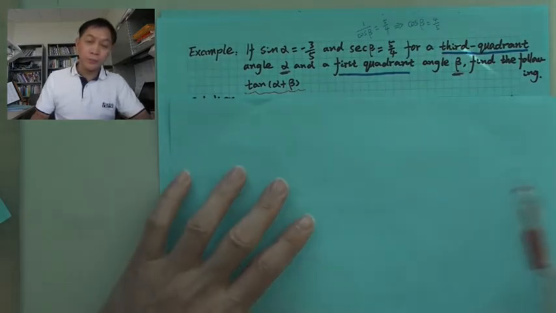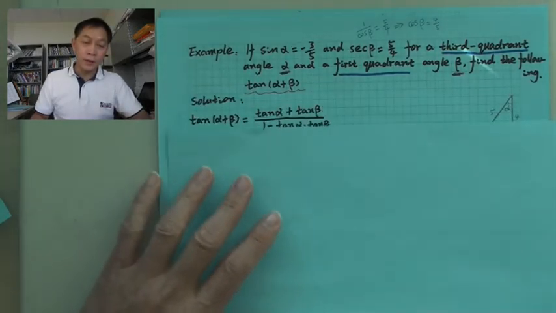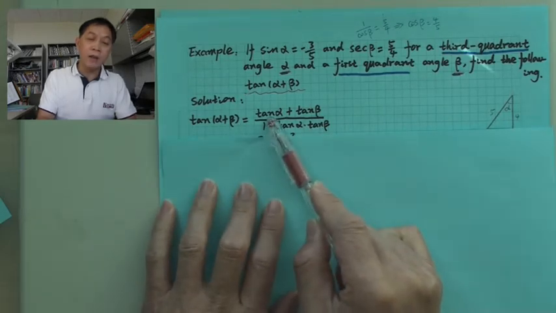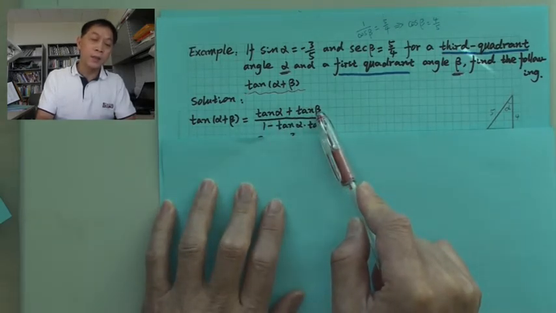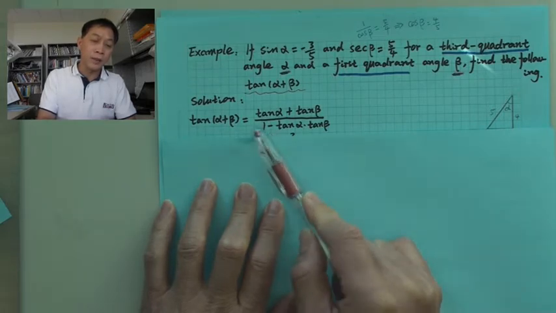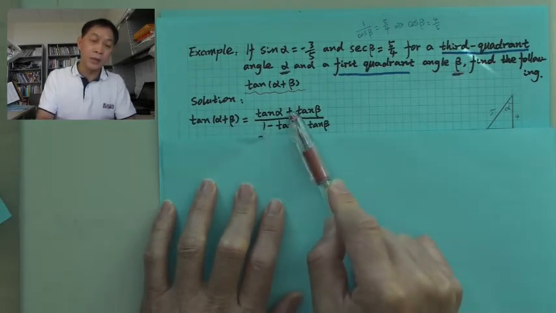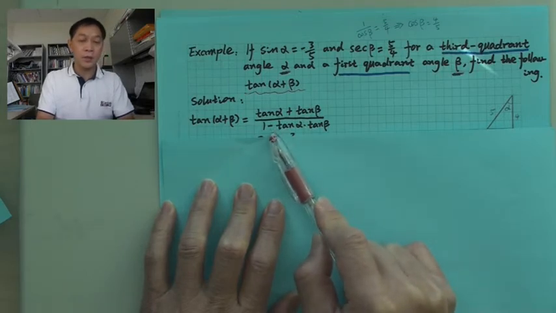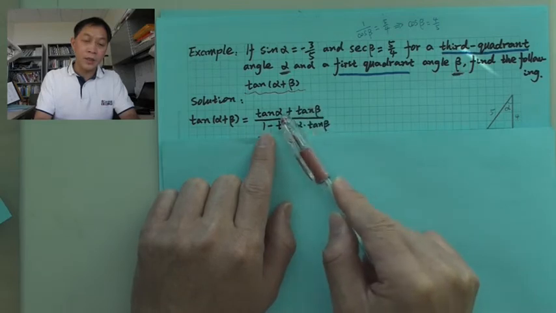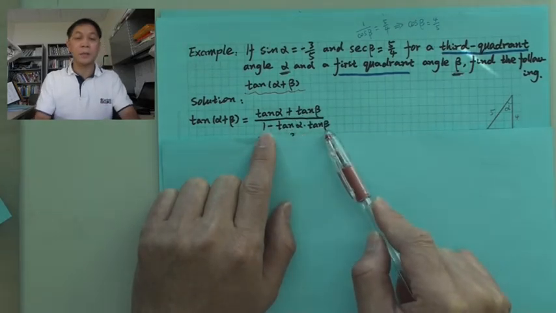So you want to write tangent alpha plus beta is tangent alpha plus tangent beta. Downstairs you always have 1 minus. Again, here is plus, downstairs is opposite. And then minus the product of those two, tangent alpha times tangent beta.